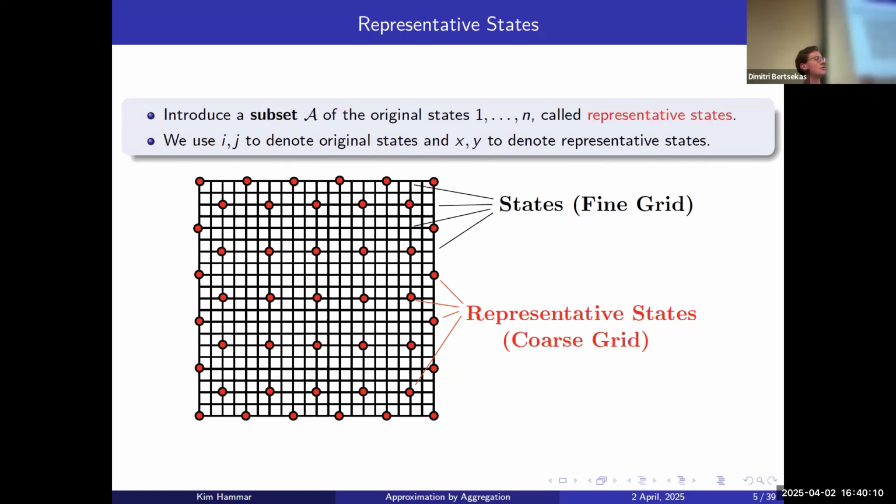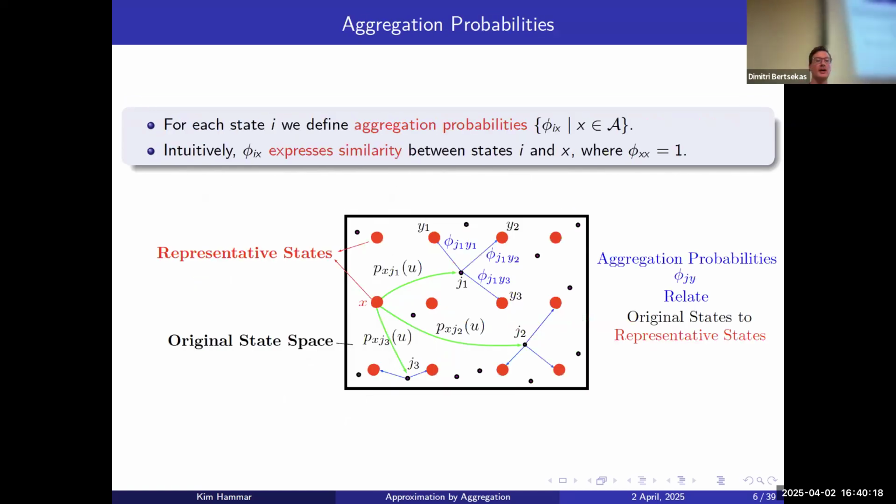The next step is then to relate these representative states to the original states. We do that by introducing so-called aggregation probabilities. For each original state, we define a probability distribution denoted by phi that tells us the probability of transitioning from an original state to each of the different aggregate states or representative states.